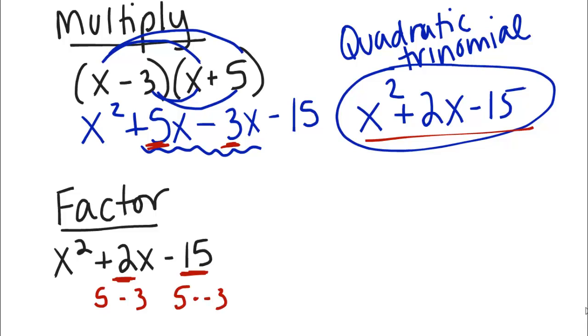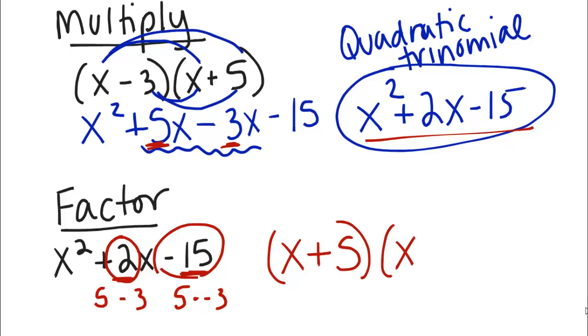It's coming directly from how we arrived at that quadratic trinomial. So to go backwards, we could think, what are the two numbers that multiply to this last term and that add to this middle term? And those two numbers are 5 and negative 3. So when we factor, we can write it as x plus 5 times x minus 3.